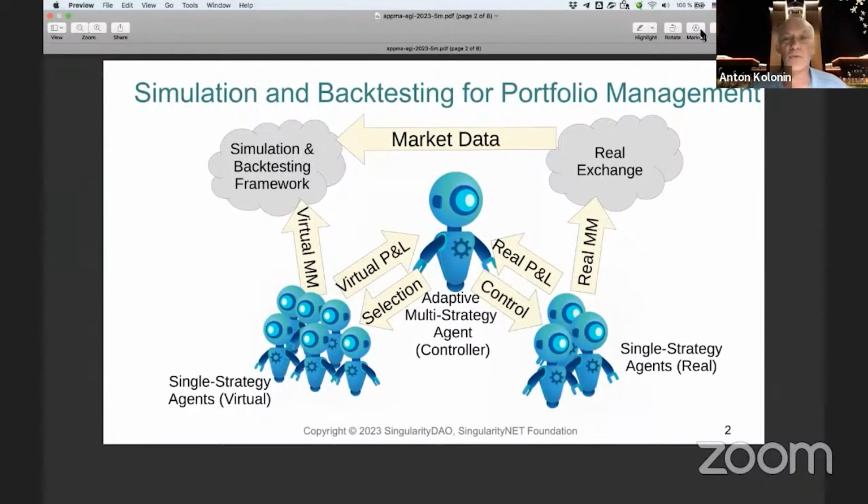So the approach that we are following, that we create infrastructure where so-called a controller agent splits its own personality in two different swarms of subpersonalities.